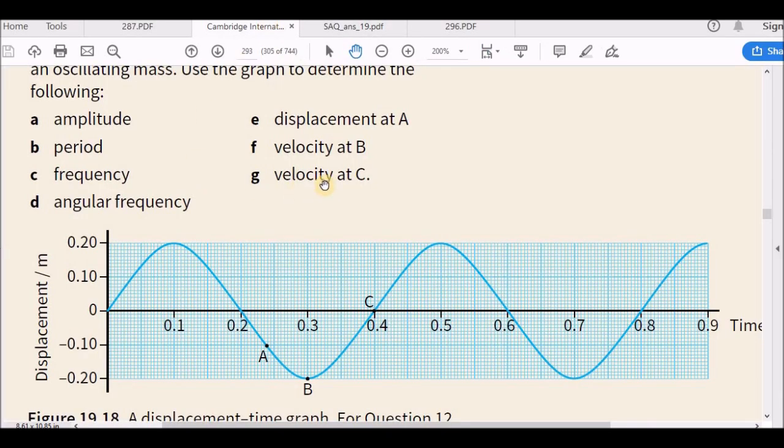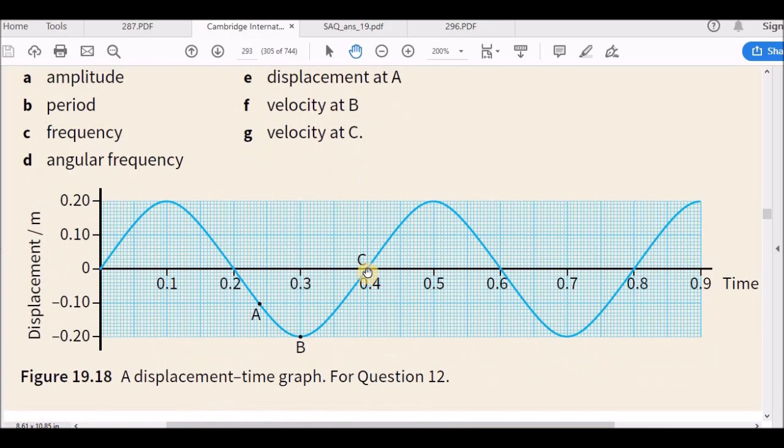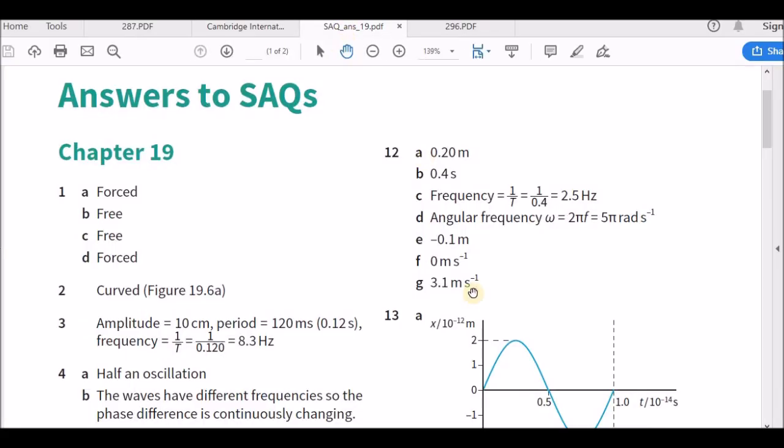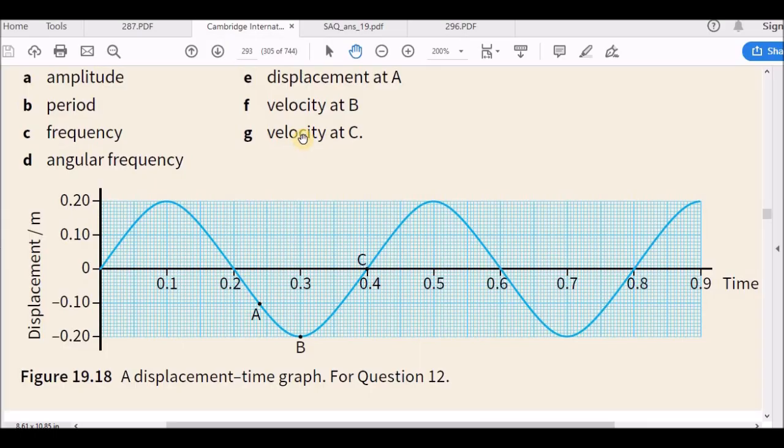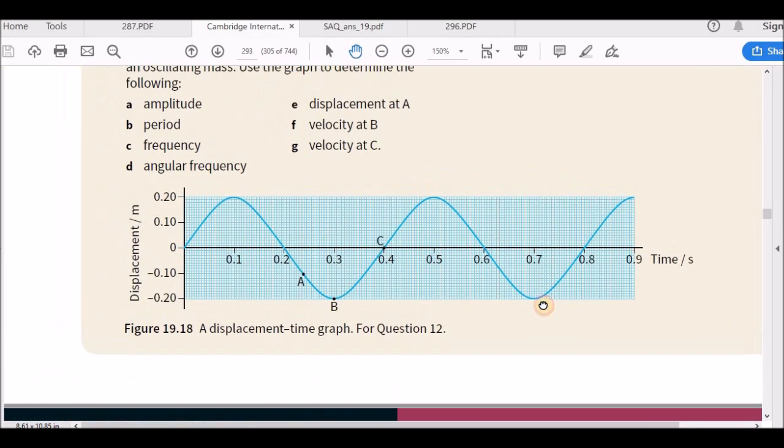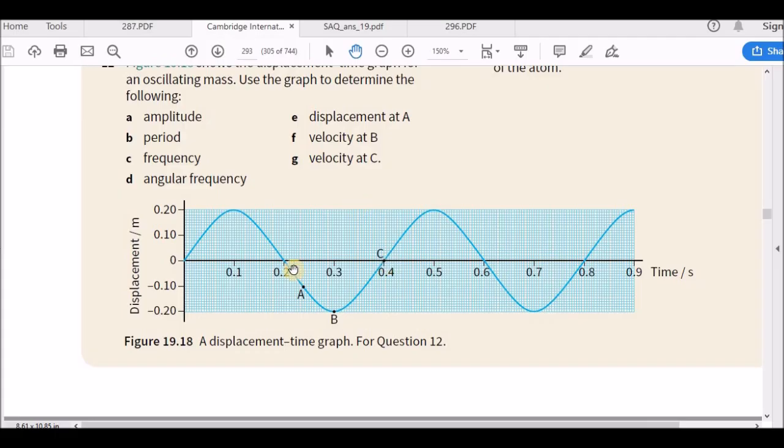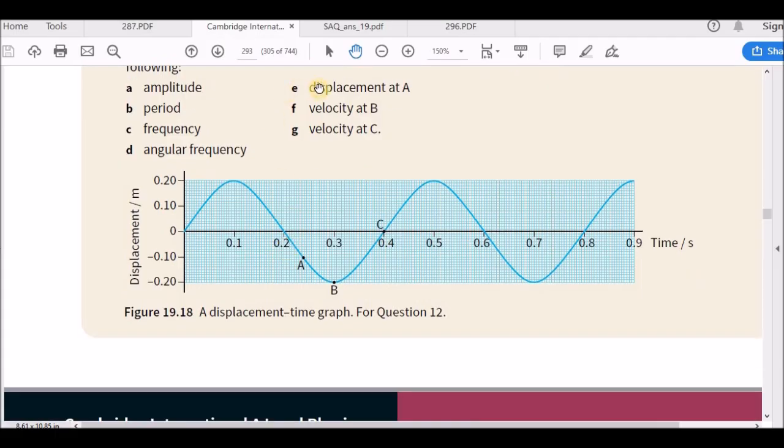Velocity at C. Here you need to draw the tangent to the curve at C, find the gradient of the tangent, and you should get 3.1 meters per second. Or else you can use the equation for velocity, but over here they didn't really teach you how to use that equation. I'll show you.